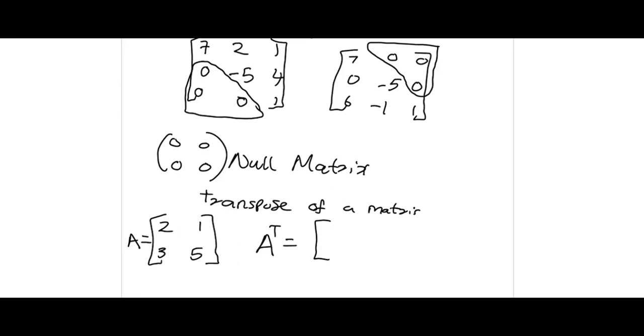So this is row 1, this is row 2. So the rows will be interchanged with the columns. So this is going to be 2, 1, and 3, 5. So the transpose of a matrix, like I said earlier, is simply done by interchanging the rows and columns.